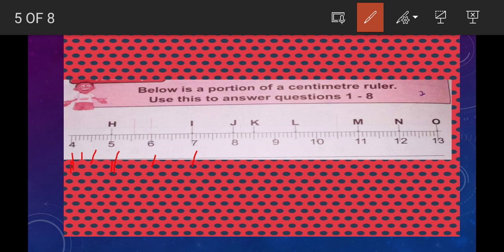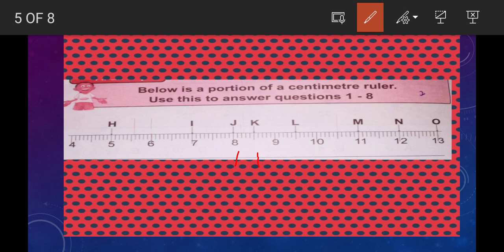Now, assuming they ask us the question, how far is it from J to K? This is J, this is K. When you count from point 8 here, you have 8.1, 8.2, 8.3, 8.4, 8.5.